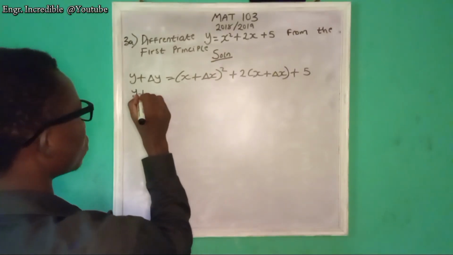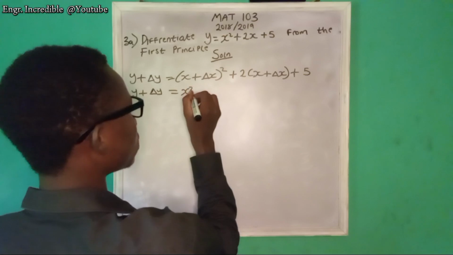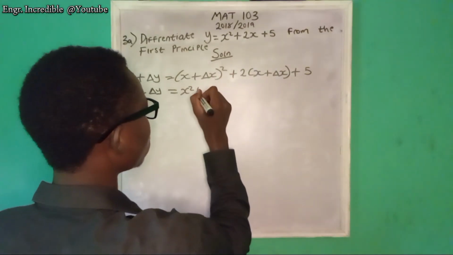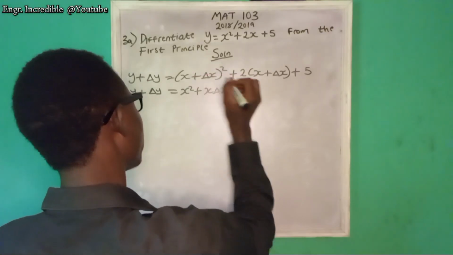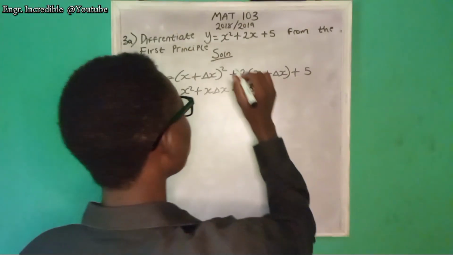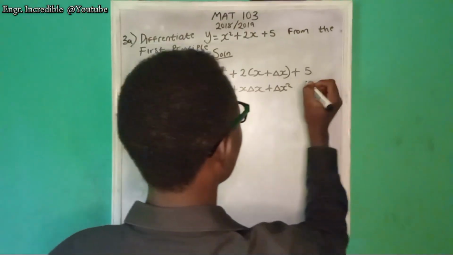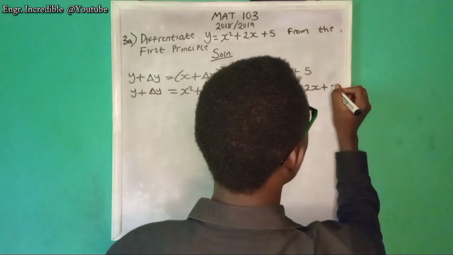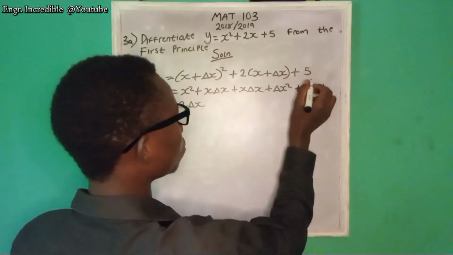Simplifying this, y plus delta y is equal to x times x, x square, x times delta x, we have x delta x, then delta x times x, plus x delta x, then delta x times delta x, we have plus delta x square. Plus this one, we have plus 2x plus 2 delta x, then plus 5.